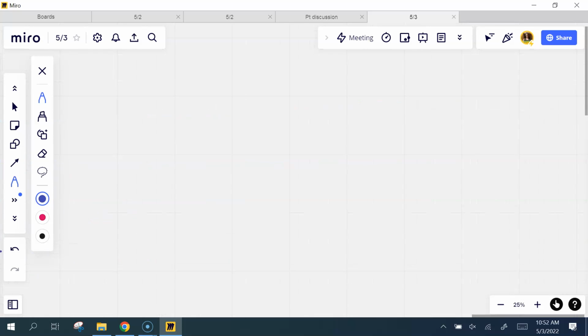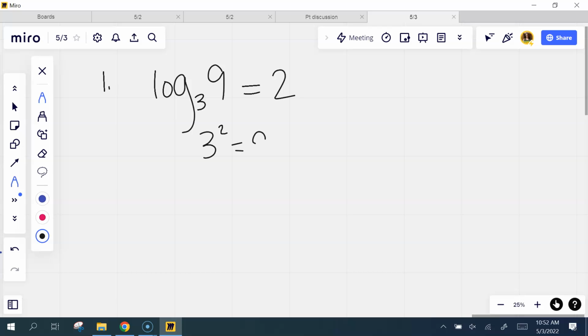Number 1, log base 3 of 9 equals 2. Write that in exponential form. What does it look like? You can tell me. We'll do a couple together, and then I'll let you try. 3 to the second power. Easy?